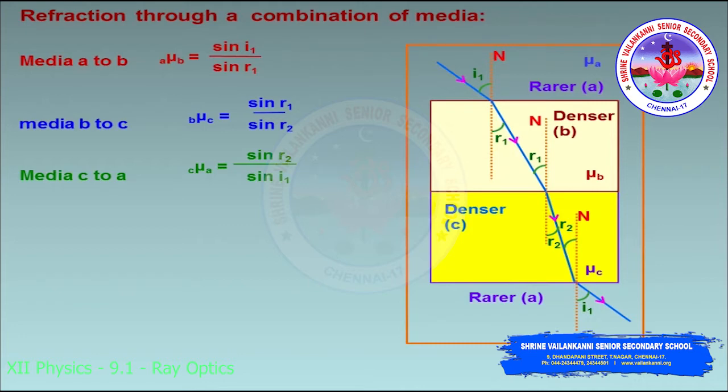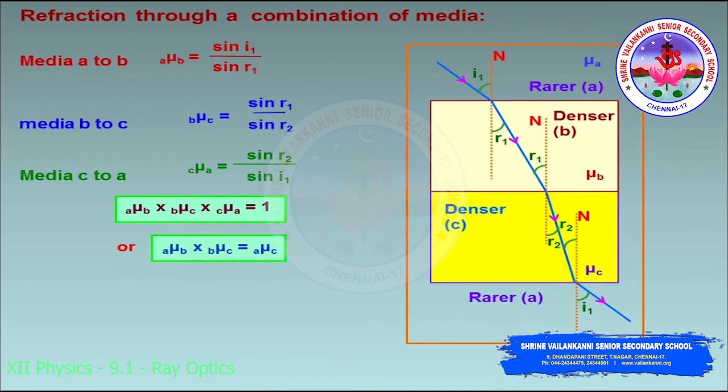So multiplying the above three equations, as we know, what will come? Mu AB into mu BC into mu CA, which is equal to 1, as we know, right? So we can say mu AB into mu BC is equal to mu AC.